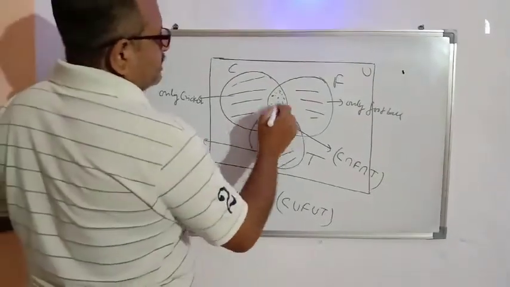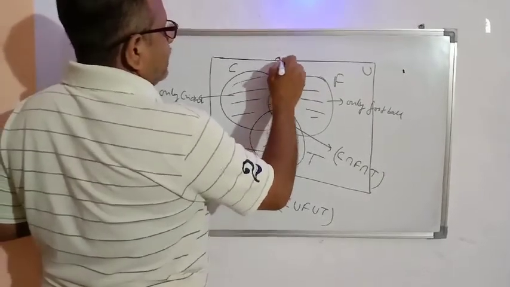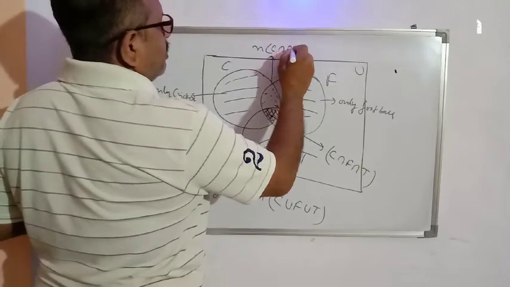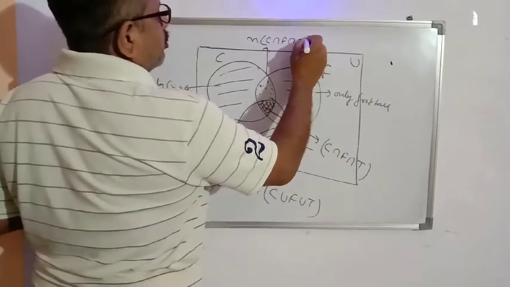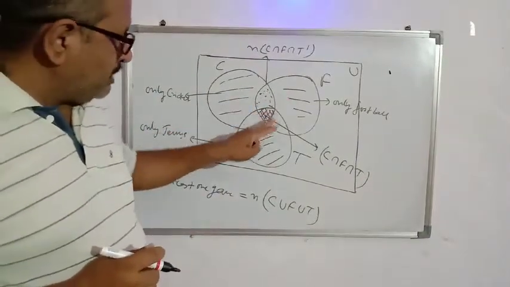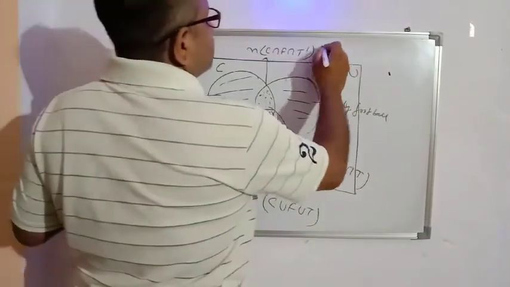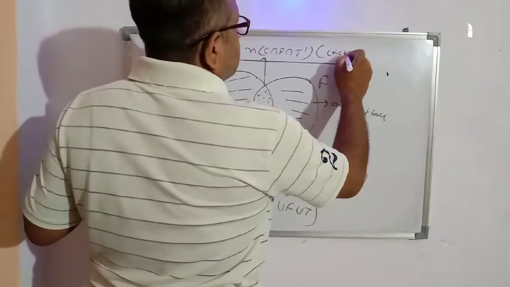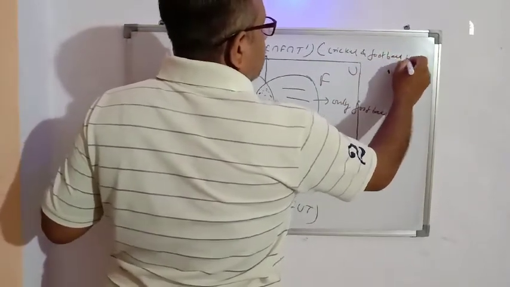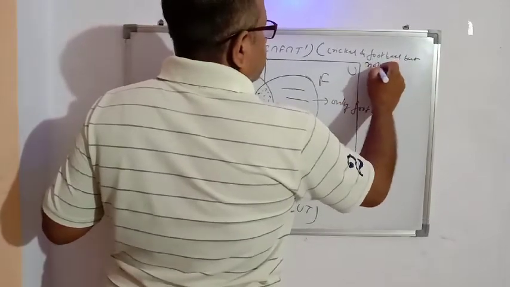So this region is represented as cricket intersection football intersection complement of tennis. Cricket and football but not tennis.